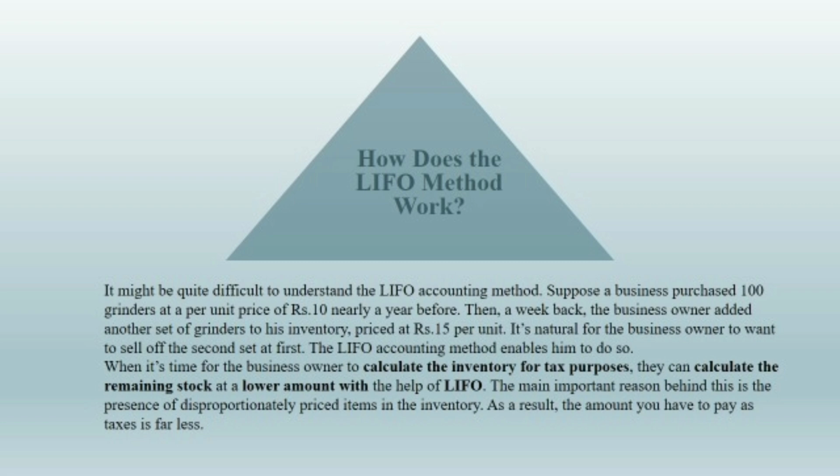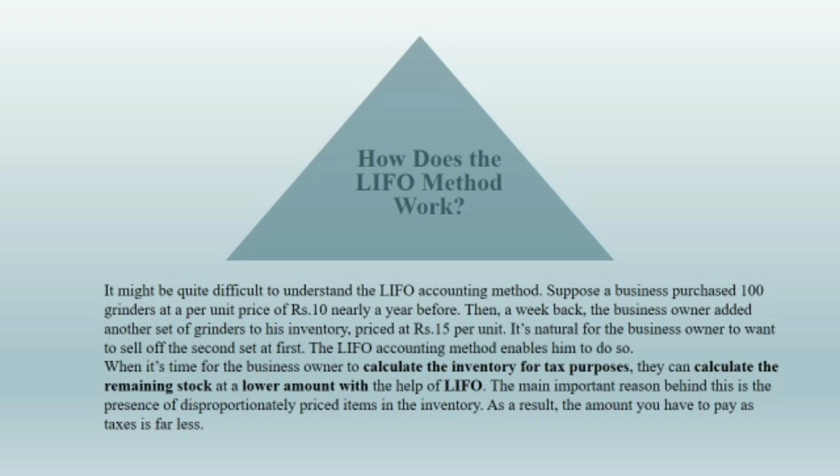Suppose a business purchased 100 grinders at a per unit price of rupees 10 nearly a year before. Then a week back, the business owner added another set of grinders to his inventory, priced at rupees 15 per unit. It's natural for the business owner to want to sell off the second set first. The LIFO accounting method enables him to do so.